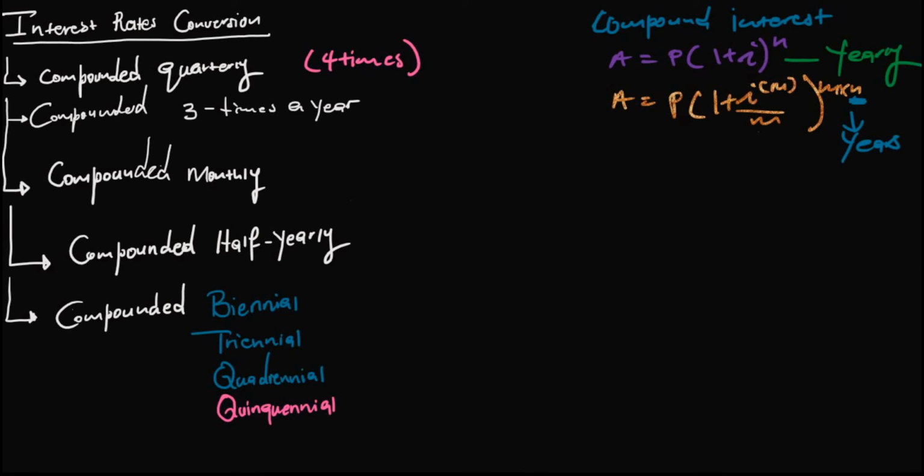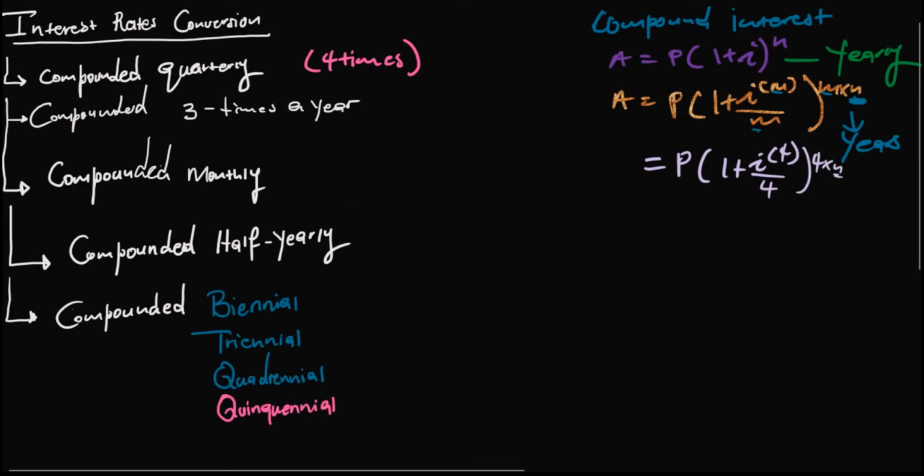And then this m and this m, they are just for compoundings. So if it is compounded quarterly, it's 4, so it's going to be P into 1 plus i(4) all over 4, exponent 4 times n, and this n is for years, so we substitute years. And then what is i for? So how do you see it in a question?